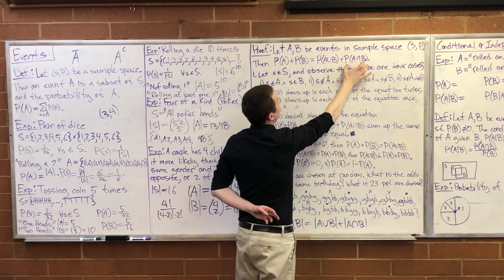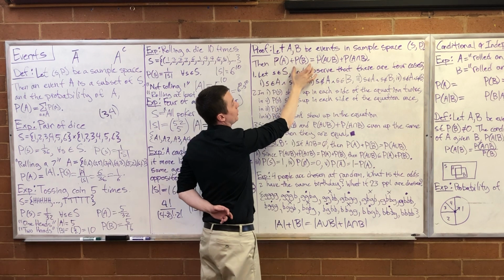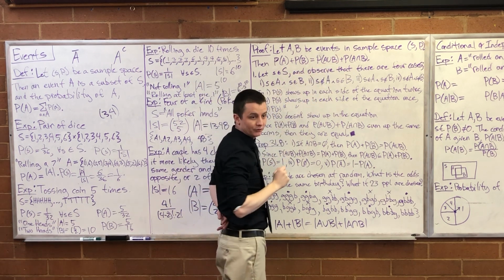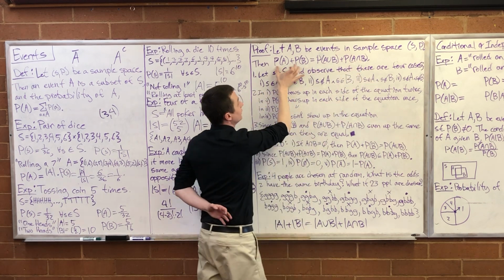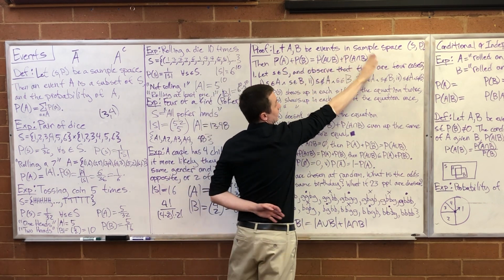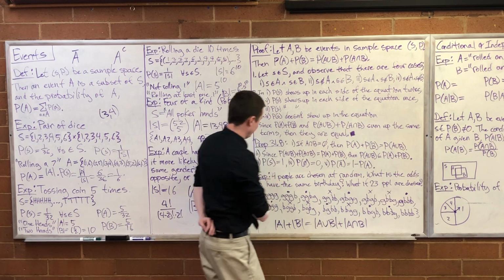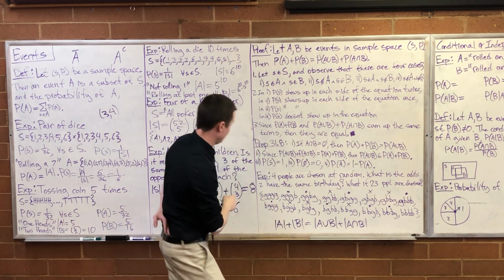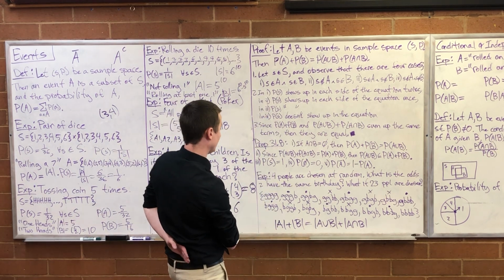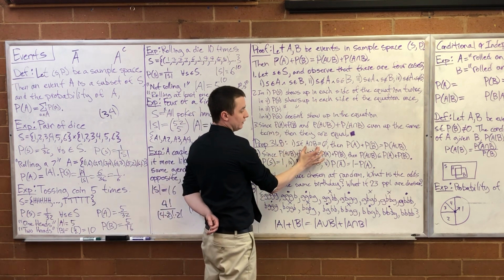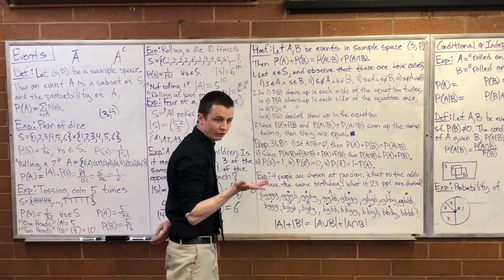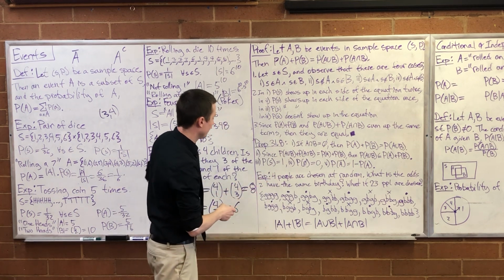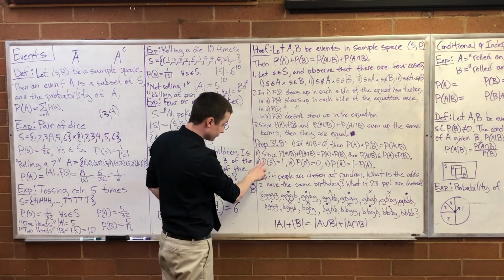So if this is 0, then the probability of A plus the probability of B equals the probability of A union B. If A intersect B is the empty set, then this plus this is equal to just this, because that's 0. So that's my first statement here. If A intersect B is the empty set, then the equation just looks like that. Pretty straightforward? Okay.